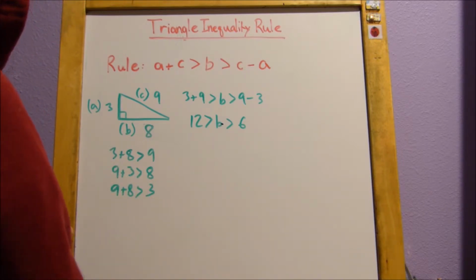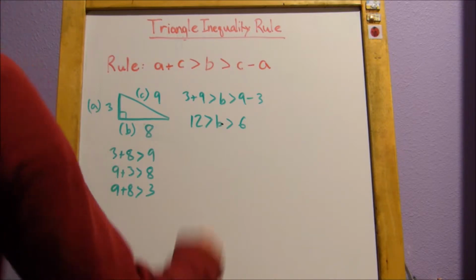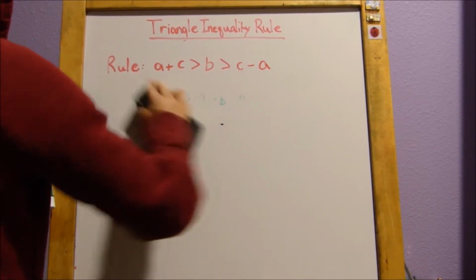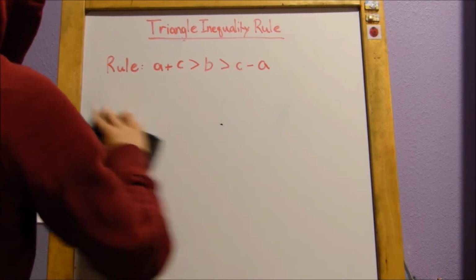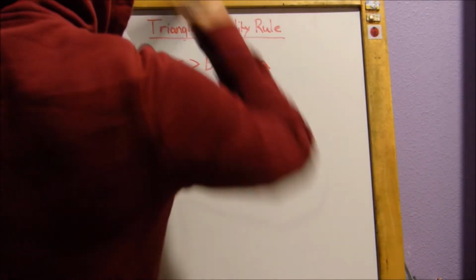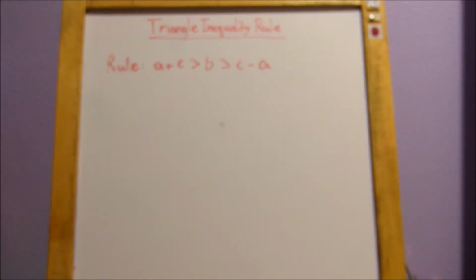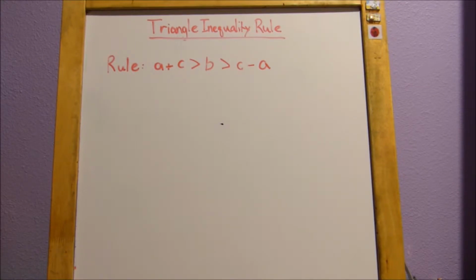So, diagrams are nice and all, but how about we have a string diagram, or string example. I don't know, whatever you want to call it. So let me just get my string ready. We have one piece of string that is, let me just measure it real quickly, 6 inches.